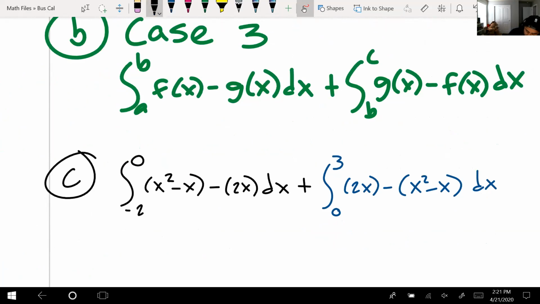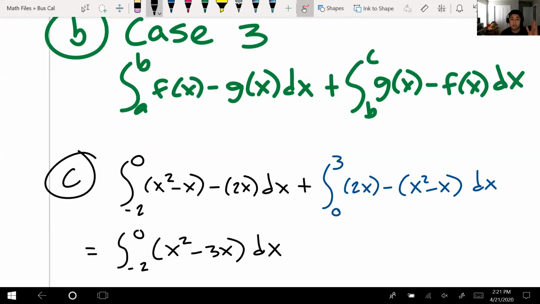Okay, clean up. This will give me the integral from -2 to 0 of x squared minus 3x dx, because that negative x minus the 2x is negative 3x, plus the integral from 0 to 3 of negative x squared plus 3x dx.